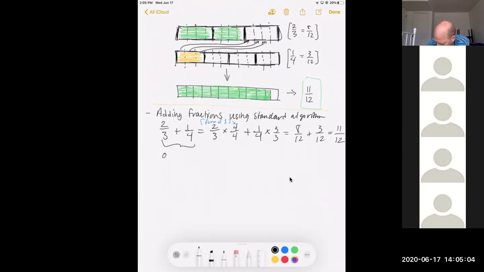I'm going to write this in blue. When I multiply by 4/4, each of the pieces of the 2/3 bar are subdivided into 4 equal pieces.